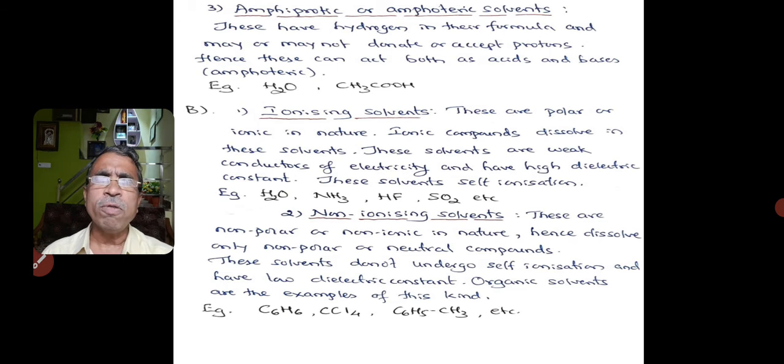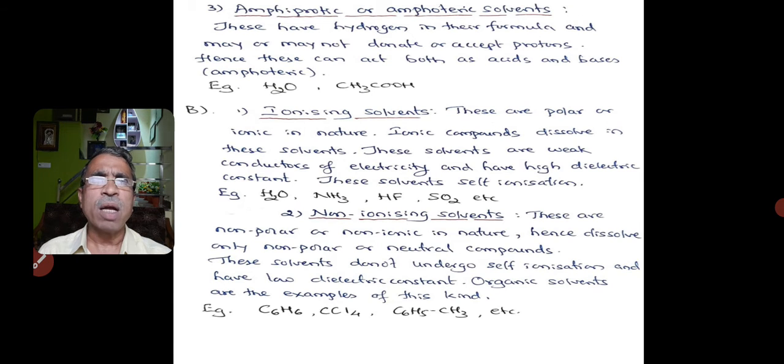The third type of this class is amphiprotic or amphoteric solvents. These have hydrogen in their formula and may donate or accept protons. Hence, these can act both as acids and bases, hence the word amphoteric. For example, water. Water contains H+ ion and OH- ion.